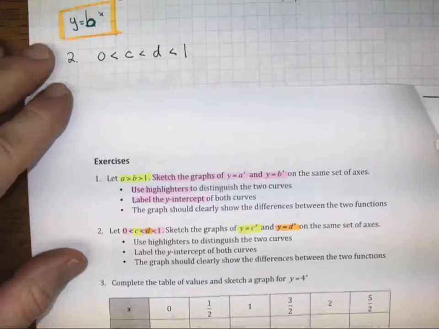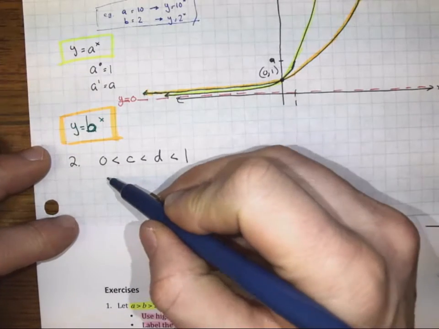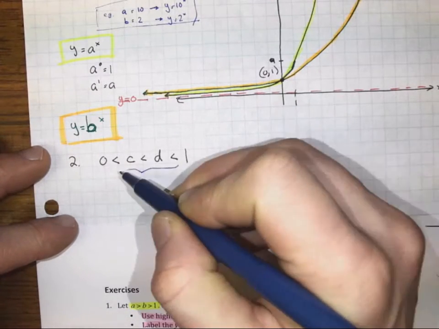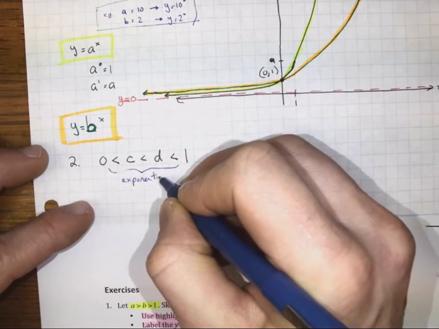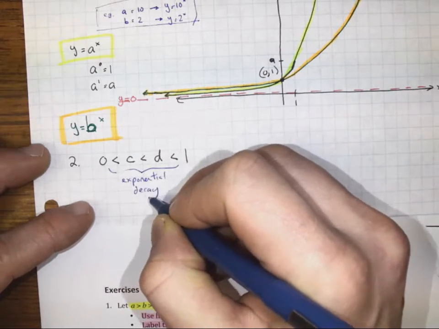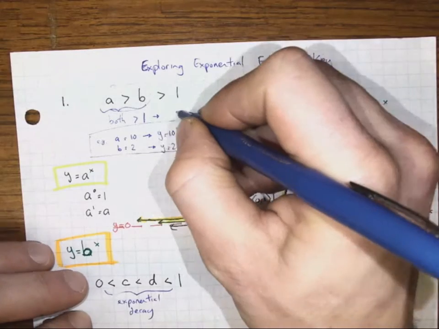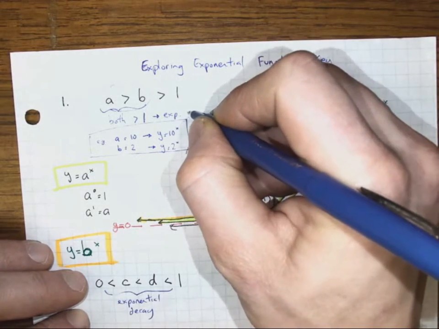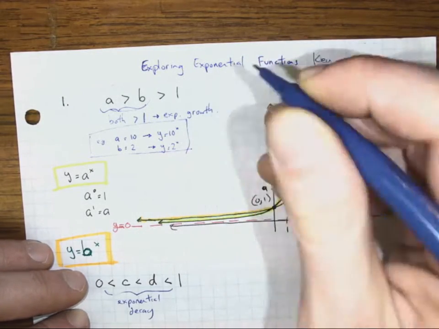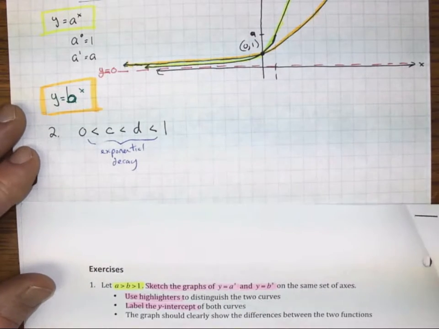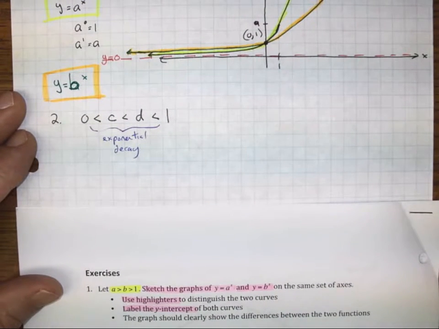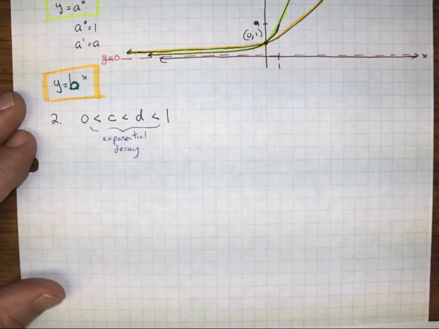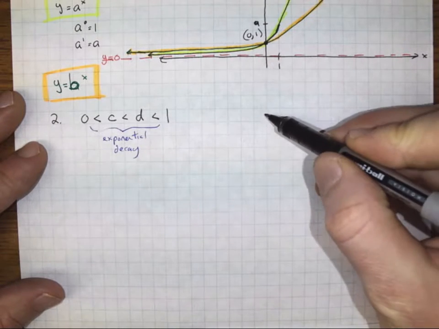Okay, so what does that tell us? This tells us that we're going to have exponential decay, in the same way that this one had exponential growth. So, what do we know? Okay, that's kind of it.